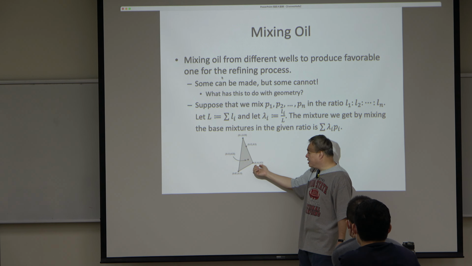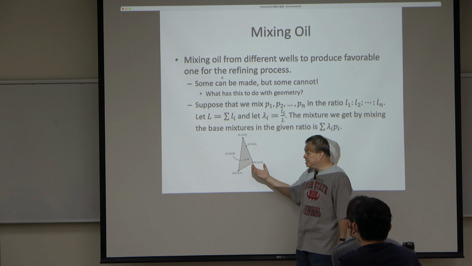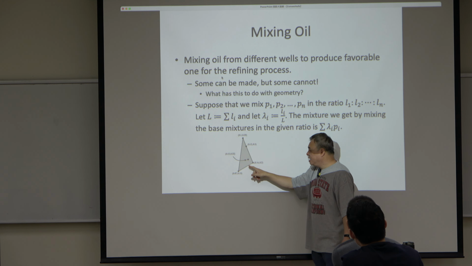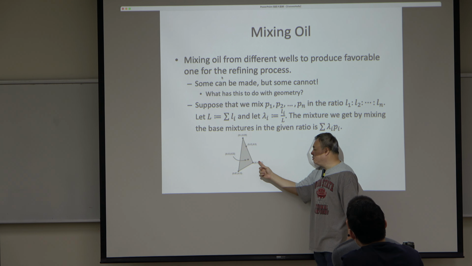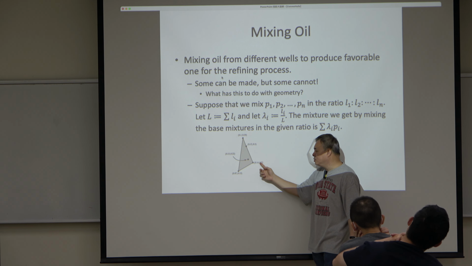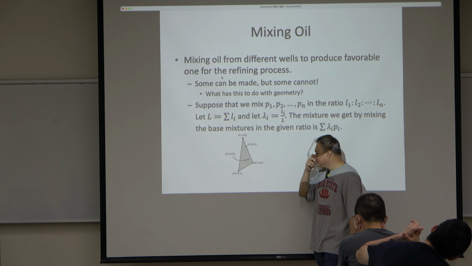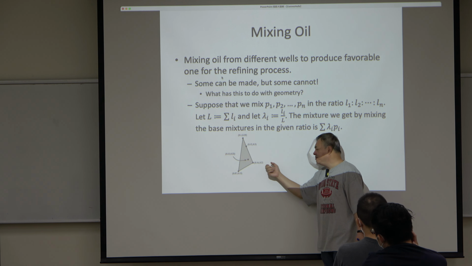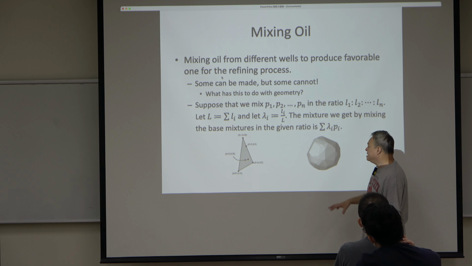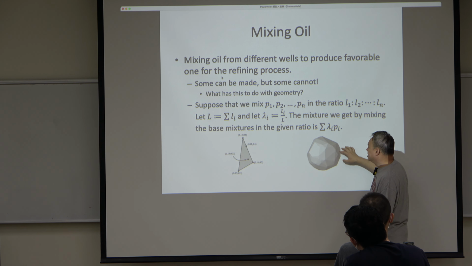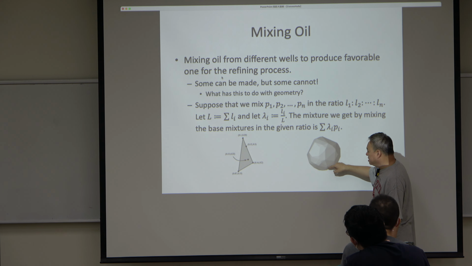If you generalize this idea, with more than three sources and more than two different materials, you can represent this in a higher dimensional space, where each source is a point.